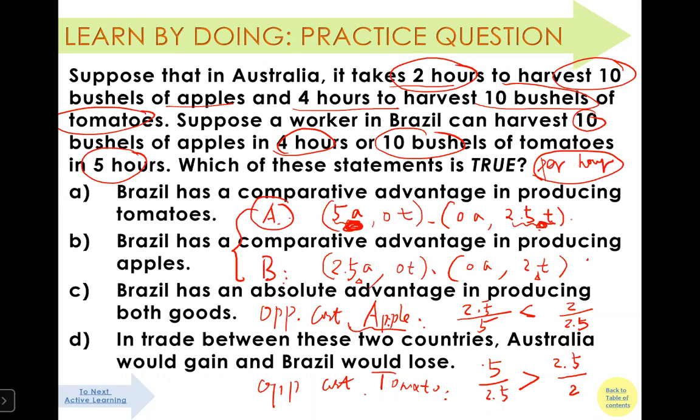Option A, Brazil has a comparative advantage in producing tomato. This is true, right? Brazil has a comparative advantage in producing tomato because Brazil has lower opportunity costs.